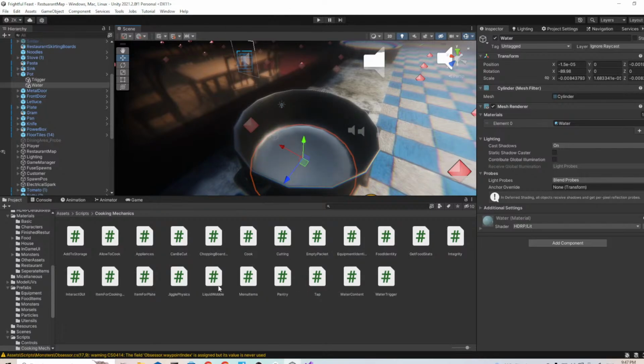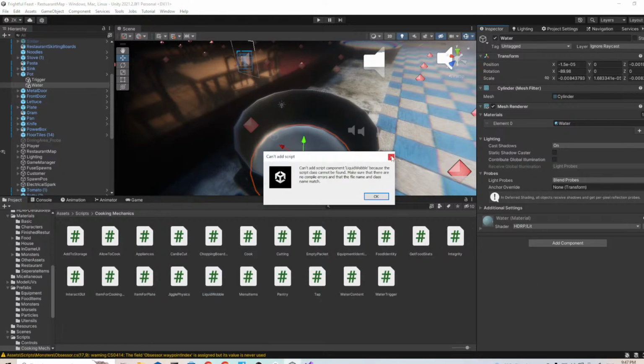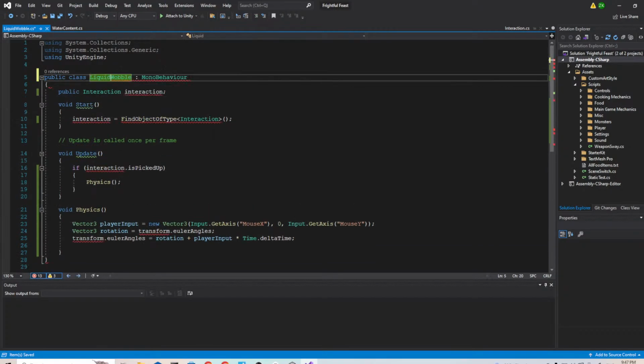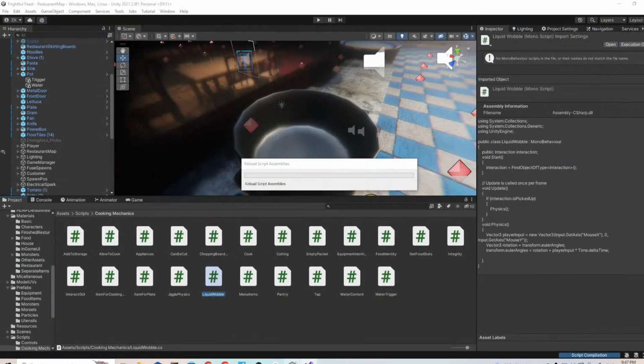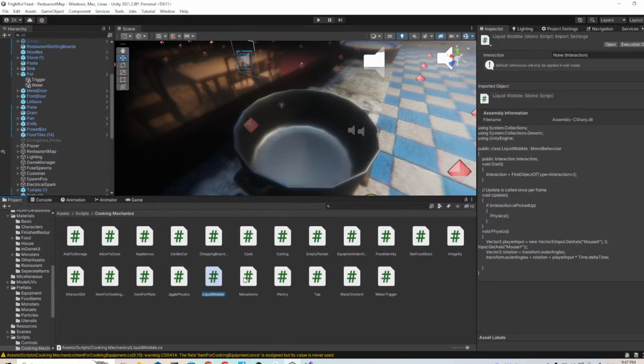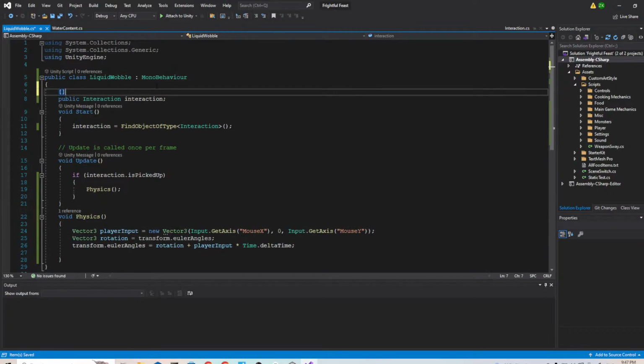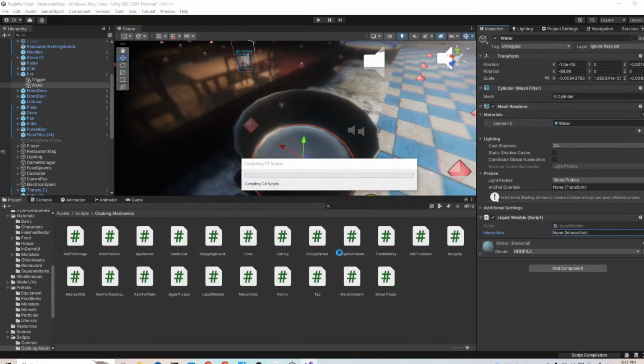So we'll put it on the water, liquid wobble. Oh no, because the class. Oh yeah, I changed the name, didn't I? Water wobble, liquid. Okay. Just gonna recompile. And now we'll put that on the water. Bang. Interaction. Oh, we could just make a little note, hide in inspector, because that doesn't need to be seen.